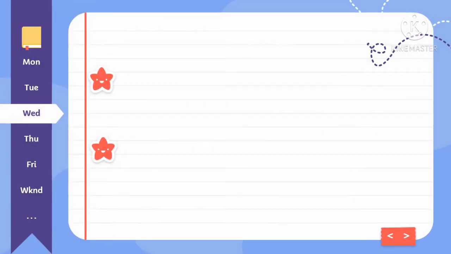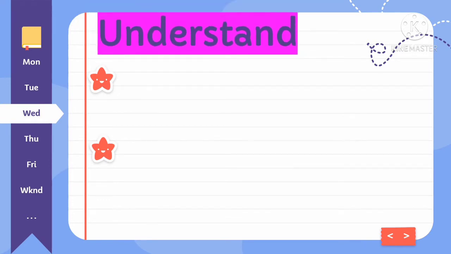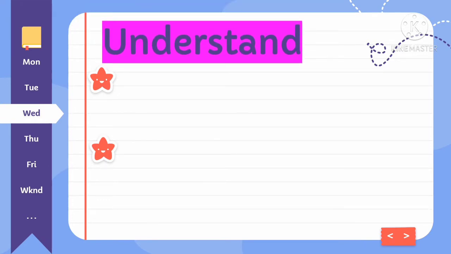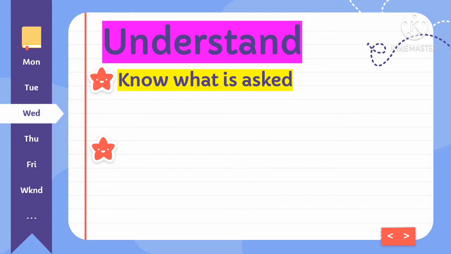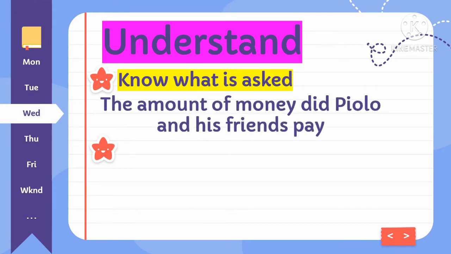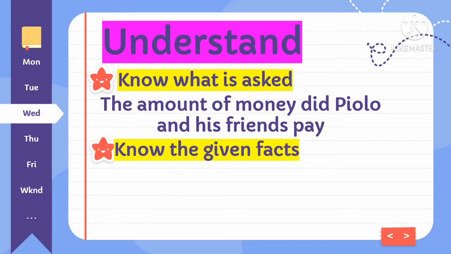Let's start to solve the problem using the first step, which is to understand. So, know what is asked. The amount of money did Piolo and his friends pay? So, ito yung hinahanap natin kung magkano ba ang kanilang binayaran doon sa kanilang mga in-order. Then, know the given facts.